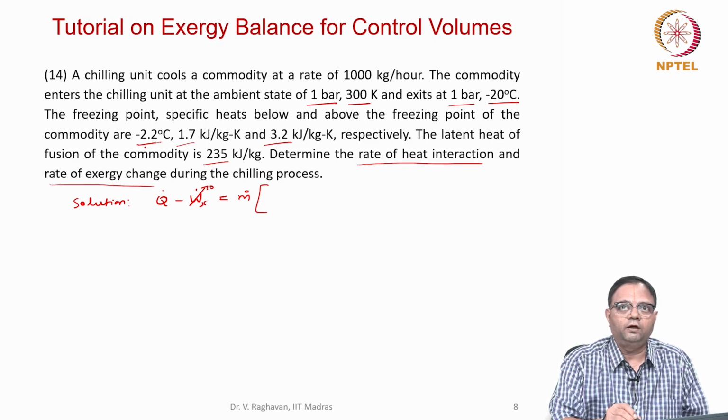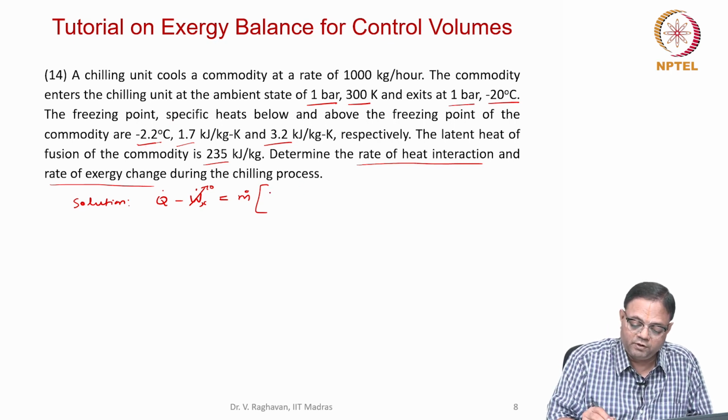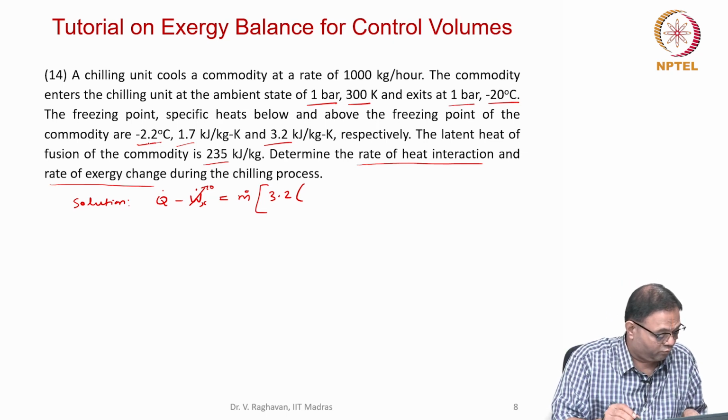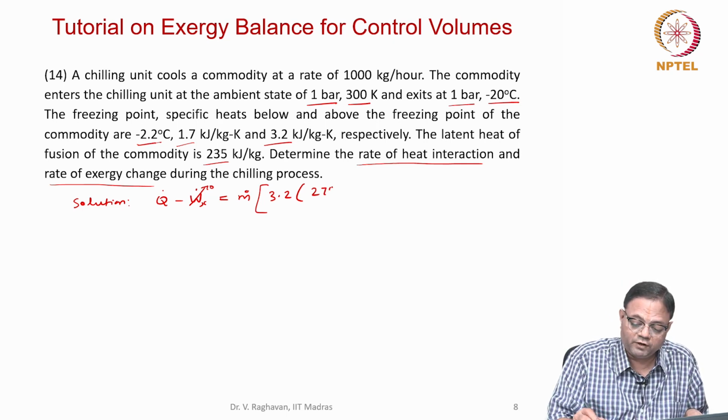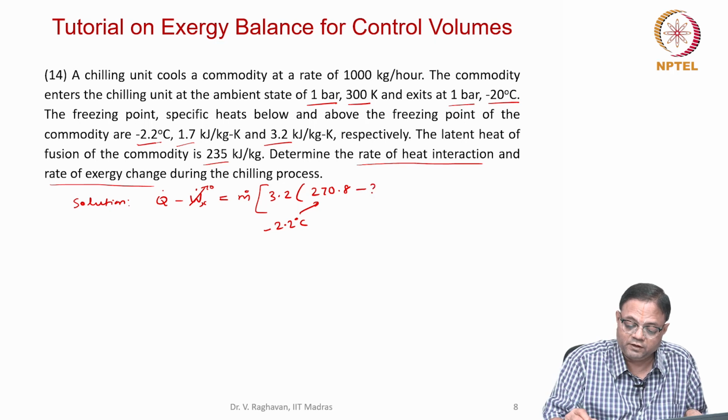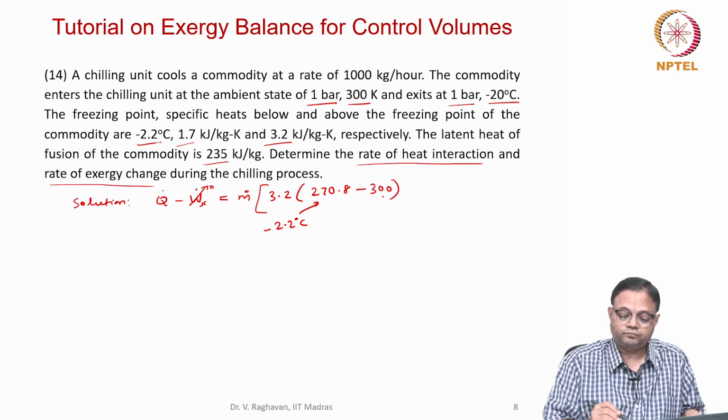The Cp has to be above the freezing point, so you select the Cp above the freezing point. So, 3.2 into the final temperature, minus 2.2, the freezing point itself. So, what is that? 270.8, which corresponds to minus 2.2 degrees centigrade, minus the initial temperature of 300 Kelvin.